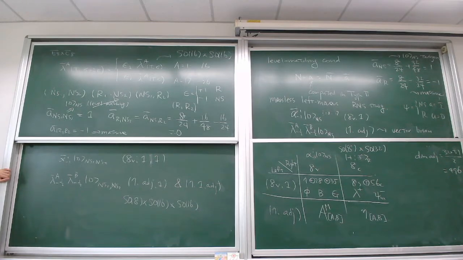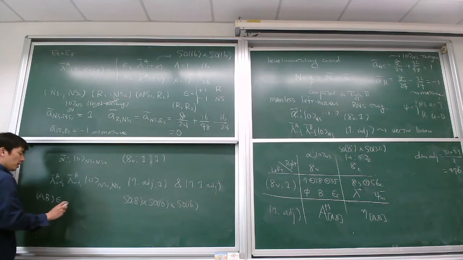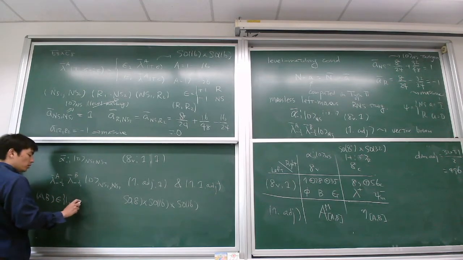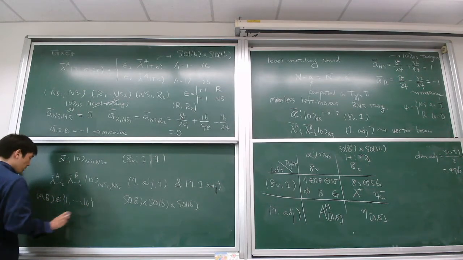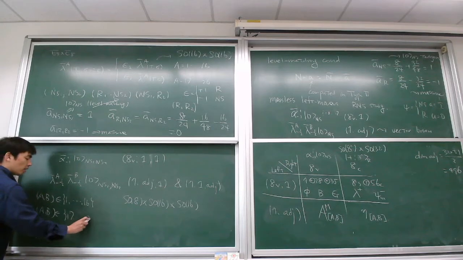So namely, when you act with lambda A and lambda B, AB should be simultaneously either in one set of 1 to 16, or AB is simultaneously in the set inside this.